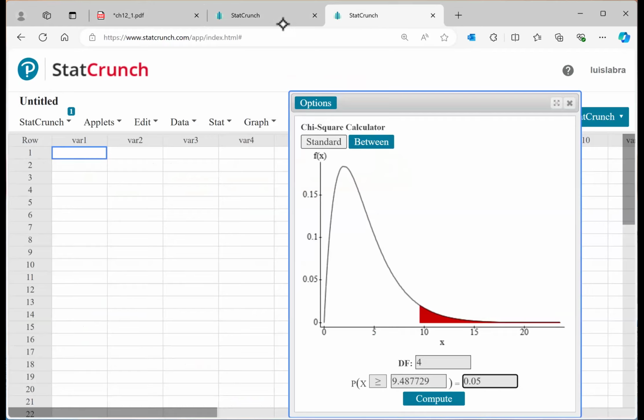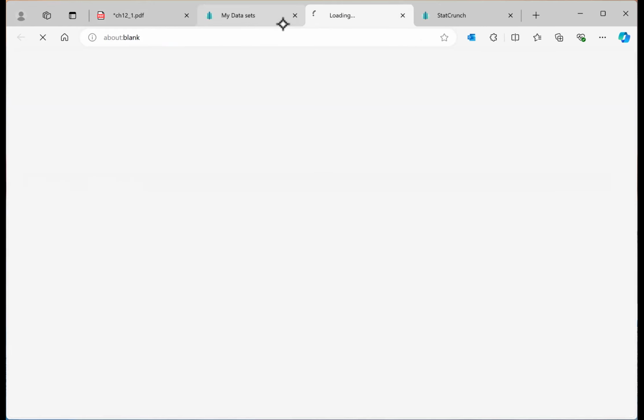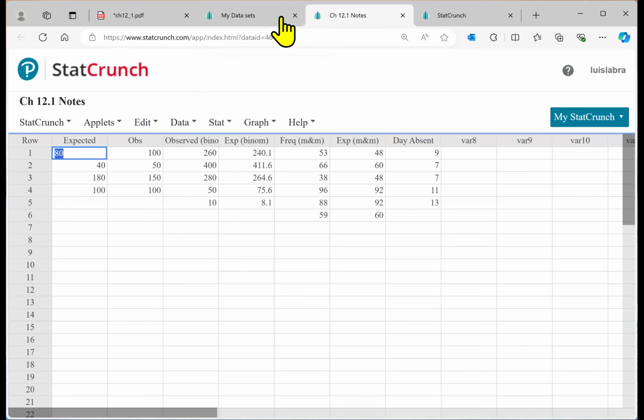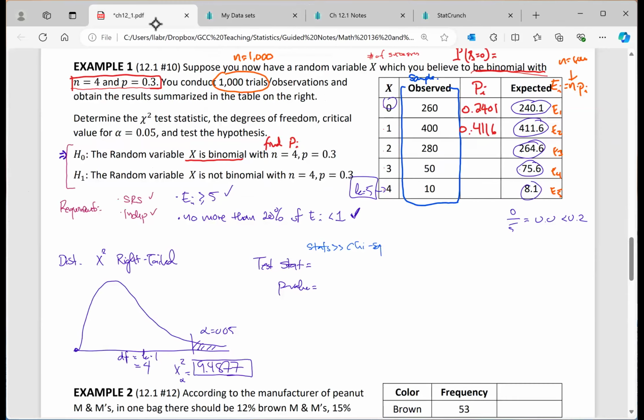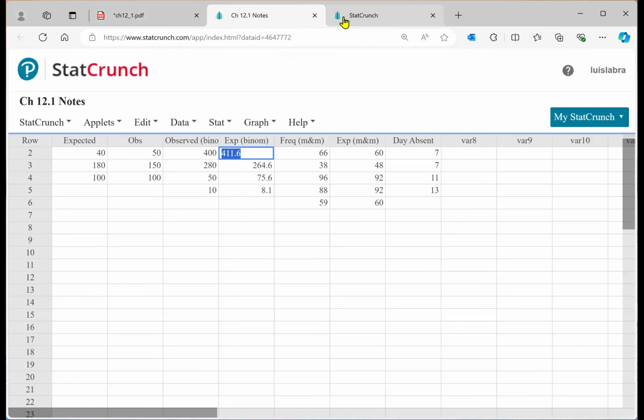I already have this saved, from our first example, observed binomial. I titled it binomial so we know it's the binomial distribution, and you can compare your table. This is the same table. 260, 40, all the way down to 10. Is that correct? Yep. And then the expected here in binomial.